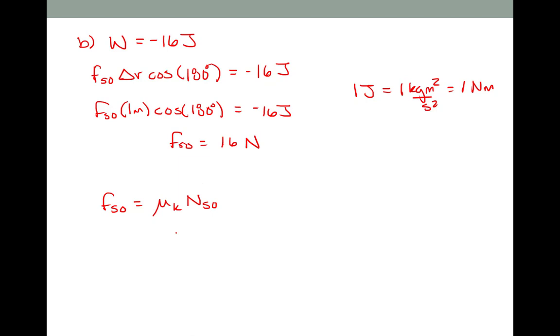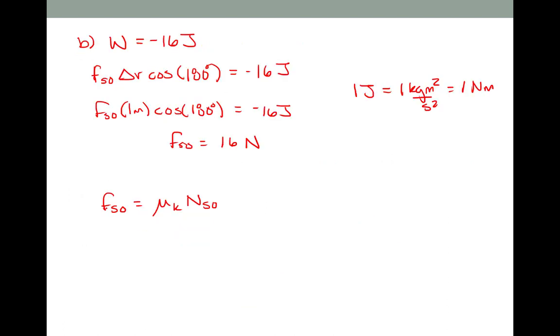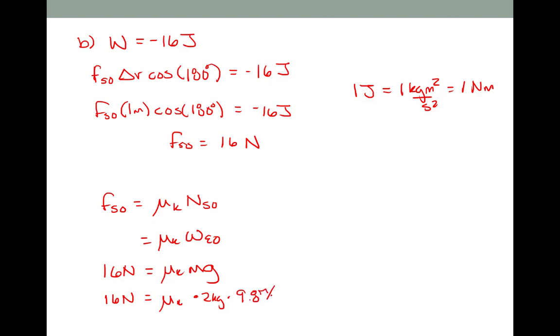If I go back and look at the free body diagram I did, I have no acceleration vertically, so my normal force will equal the gravitational force. This is 16 newtons. The mass was 2 kilograms, and g is 9.8 meters per second squared. And if you solve for the coefficient of kinetic friction, you get 0.82.